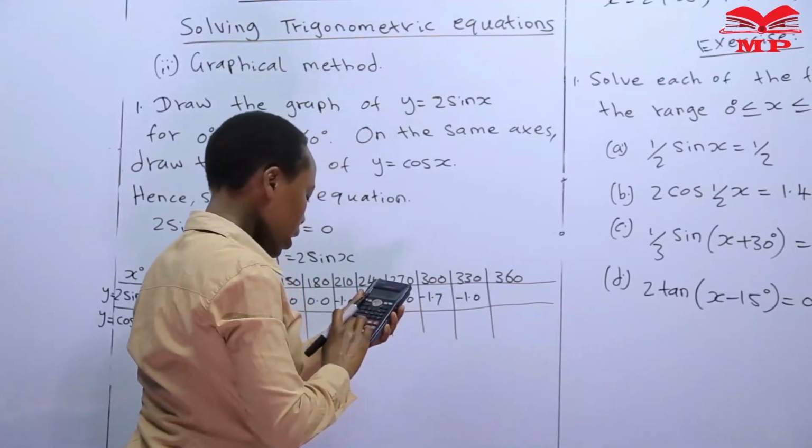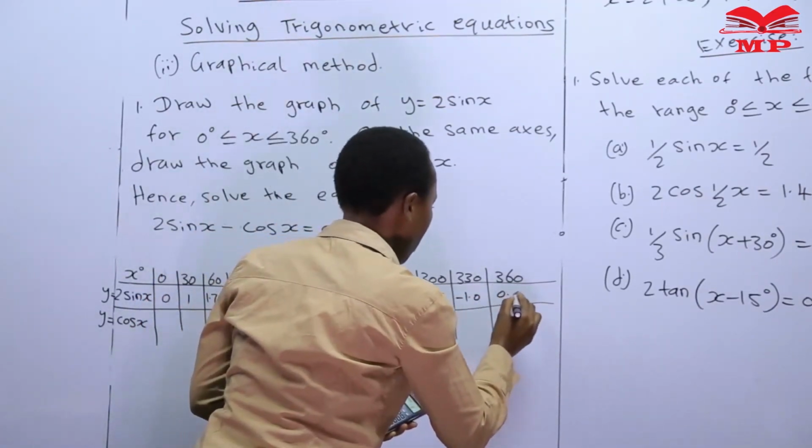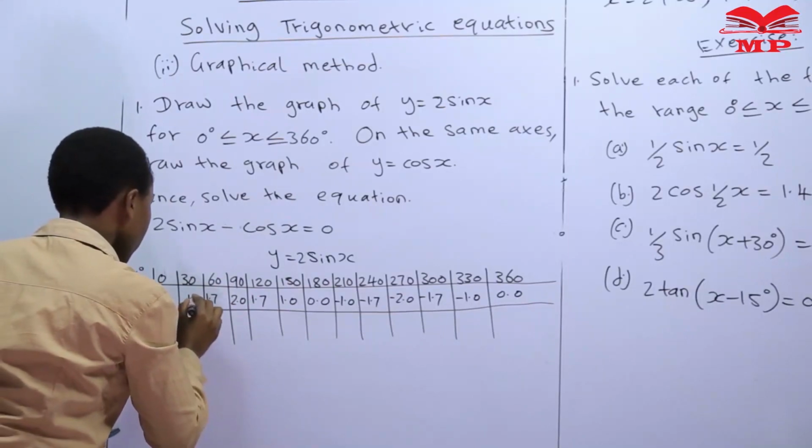And finally 2 sin 360 is 0. So we put them to one decimal place.